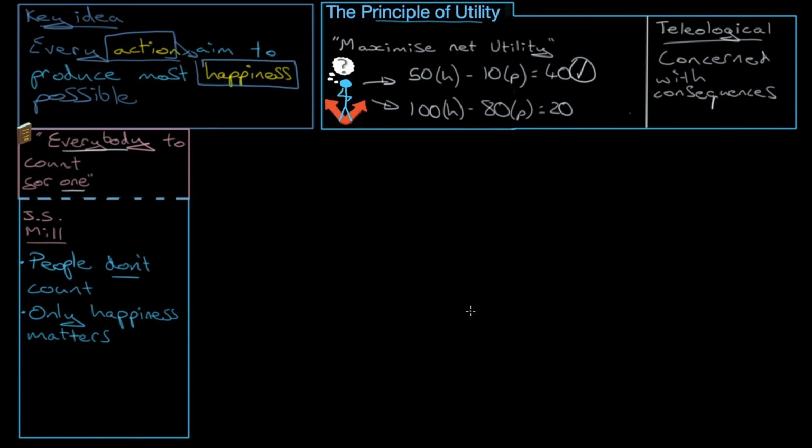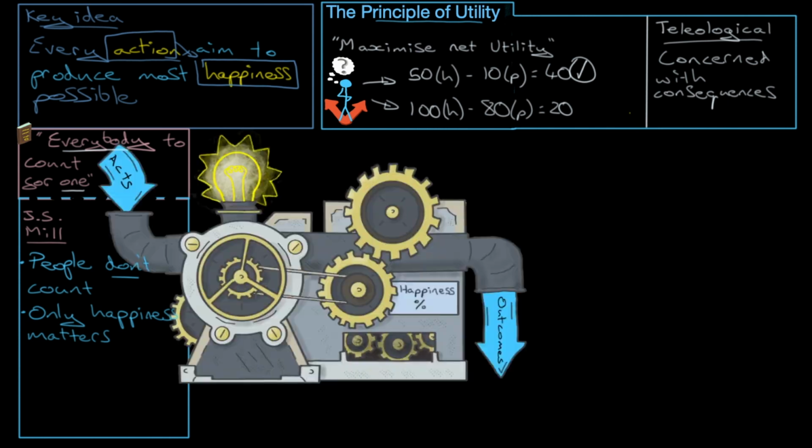I want you to consider utilitarianism like this: a great big happiness experiencing machine. So here in the happiness experiencing machine, acts go in there. They feed through the machine, and outcomes down here are the things that actually matter.